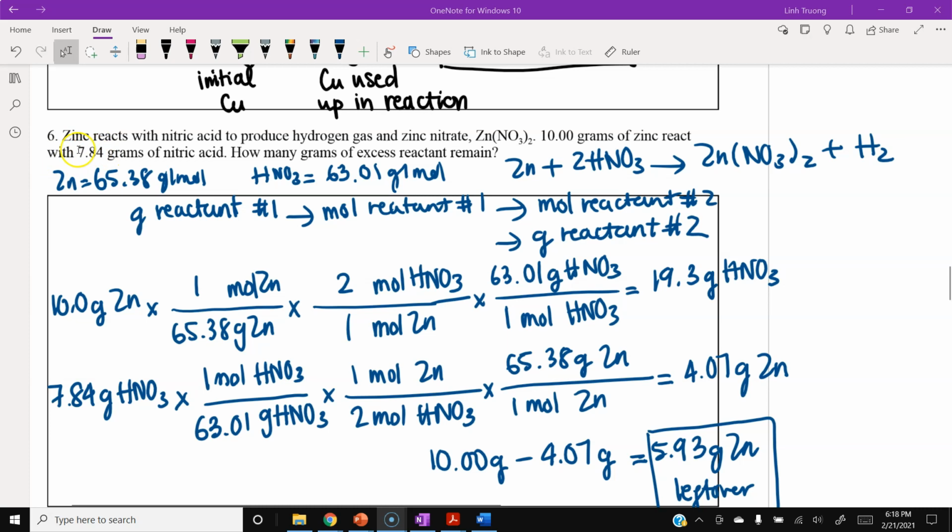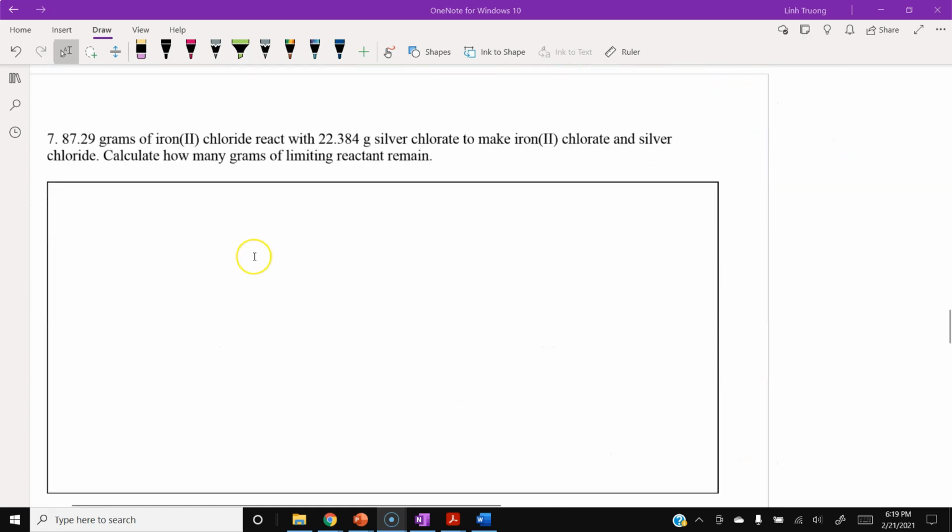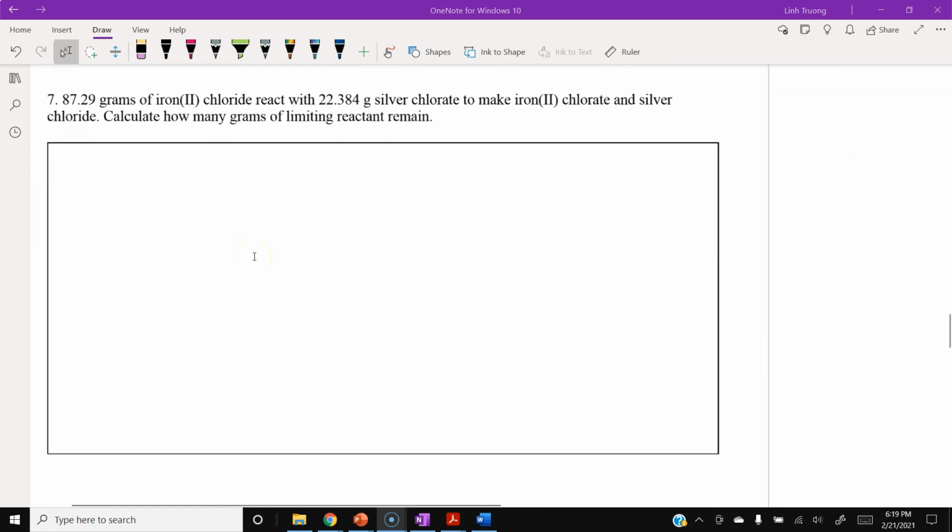This means that this whole thing, 7.84 gram, will be completely used up, because we need this much, but we only have that. So all of it will be gone. So the answer to this question is a simple 0. So grams of limiting reactant remaining is 0 gram. That's it, you guys.